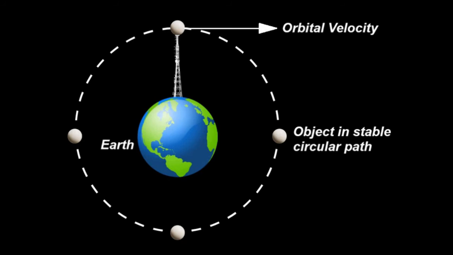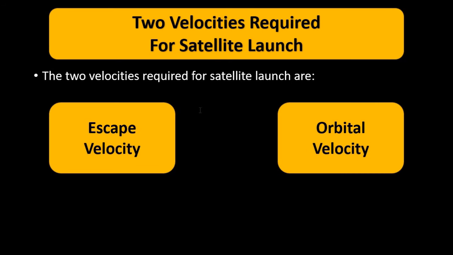So there are two important parameters which are required for a satellite launch. First one is escape velocity, second one is orbital velocity.